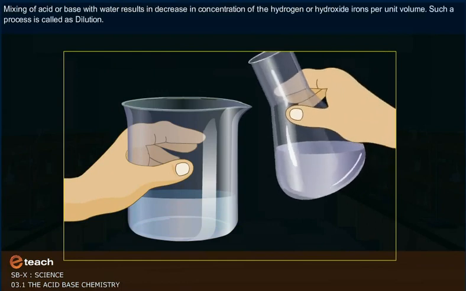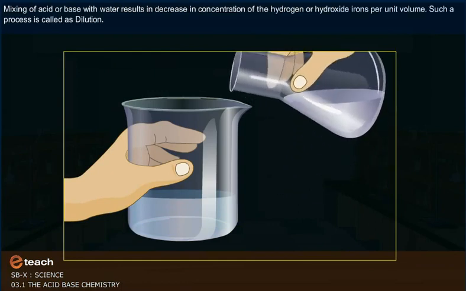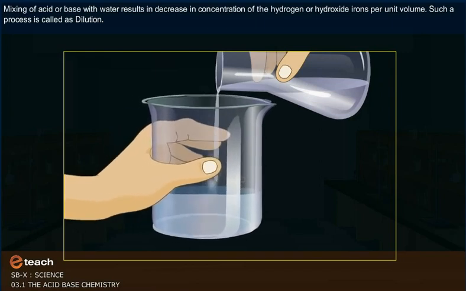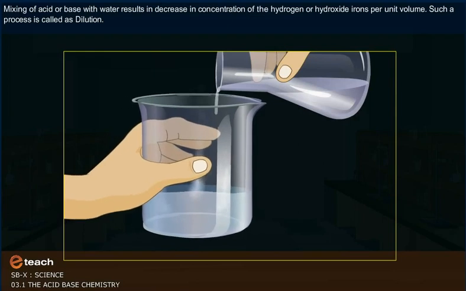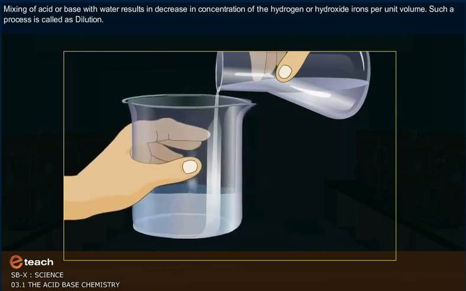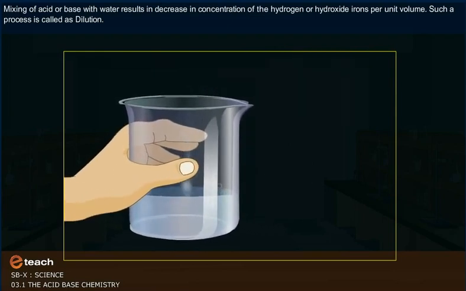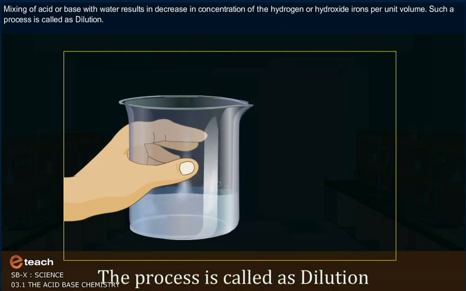Mixing of acid or base with water results in decrease in concentration of the hydrogen or hydroxide ions per unit volume. Such a process is called dilution.